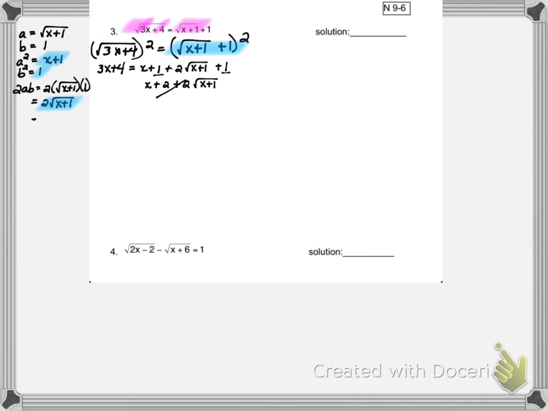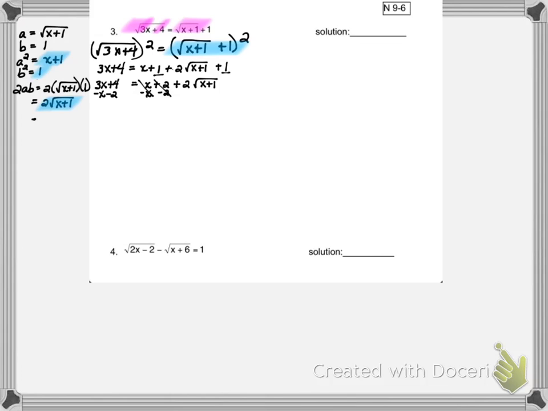On the right side of the equal sign, and on the left I still have my 3x plus 4. So I'm going to subtract x and subtract 2. Okay, those will add to be 0.